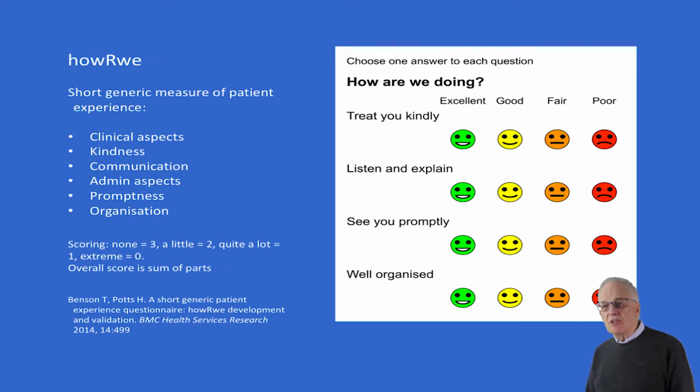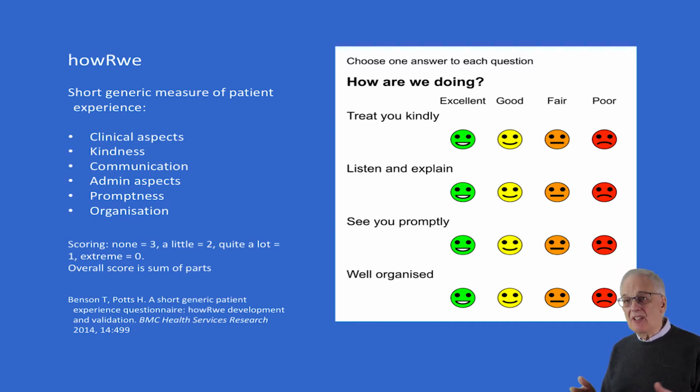How Are We is a short generic measure of patient experience, and it covers the first two items on the list are clinical, so they cover your perception of the kindness, whether you were treated kindly, whether communication in terms of listening and explaining, while the final two are more administrative, covering whether you were seen promptly and how well organised the organisation was, which is really a measure of reliability.